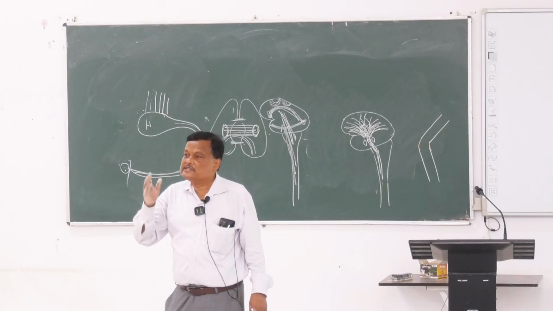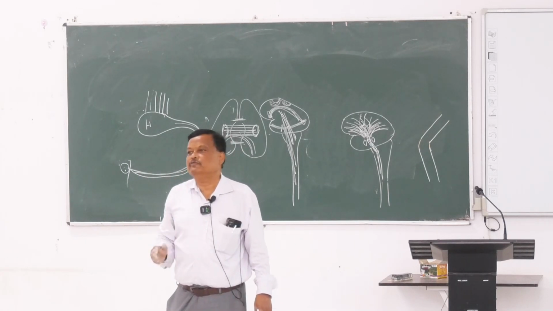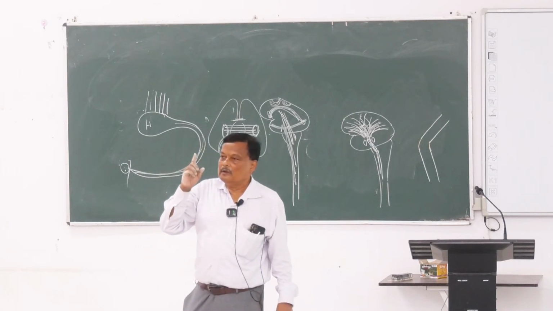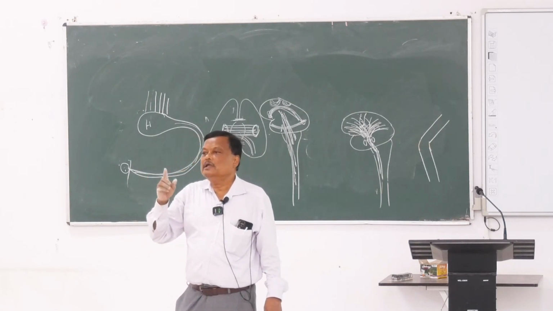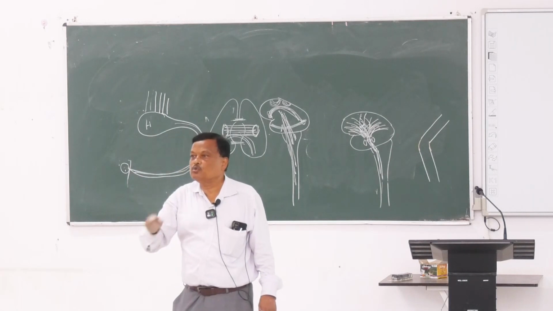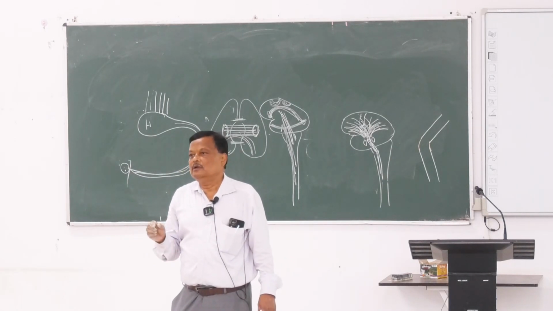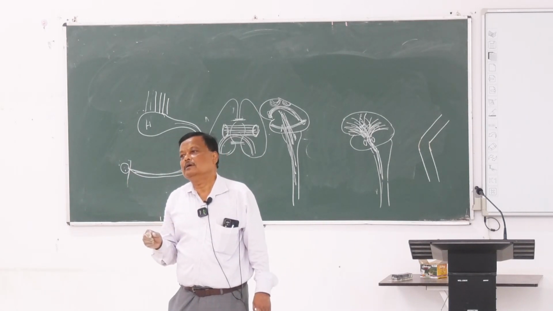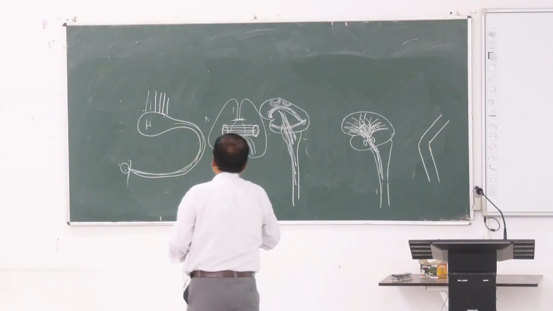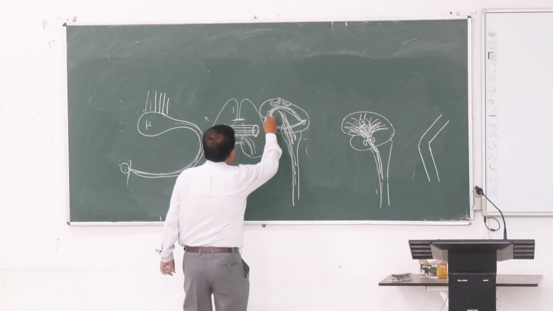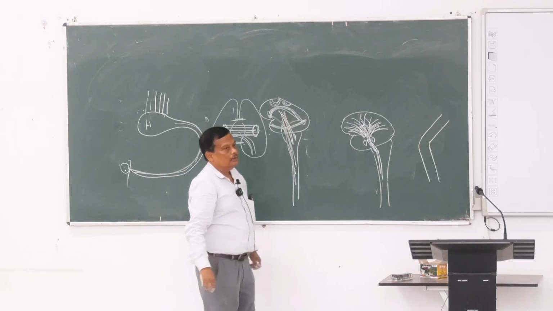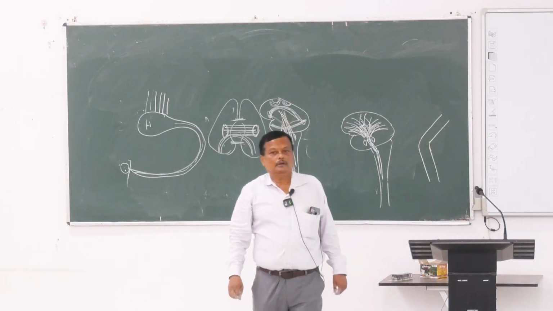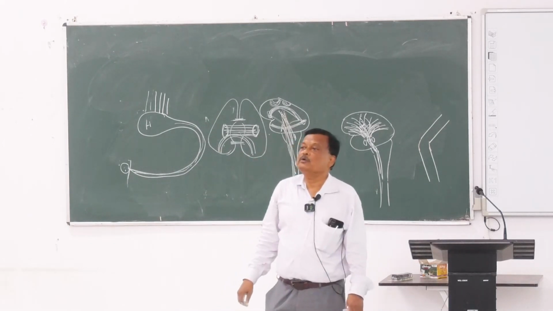So at the same time the cerebellum must be informed, but the cerebellum will not be informed directly. It must go through some other nuclei known as the pontine nuclei. So all pyramidal fibers coming from the frontal lobe, the parietal lobe, the occipital lobe, and the temporal lobe give corticopontine fibers.